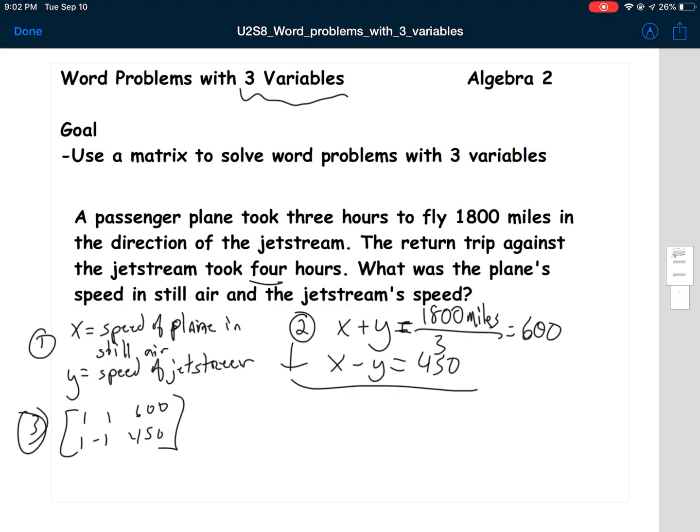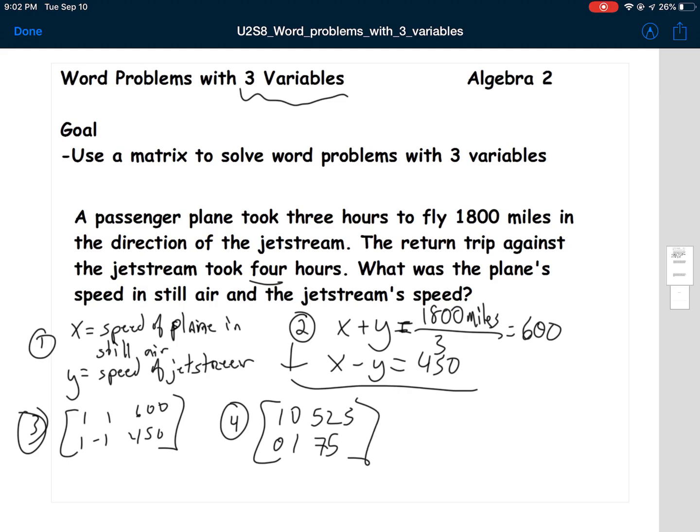So give me a little bit of time to plug that into my calculator. 2 by 3 again. Go 1, 1, and 600. 1, -1, and 450. Bring up row reduced echelon form. That's option B for me. Bring up matrix A, and we get my augmented matrix of 1, 0, 525, 0, 1, 75.